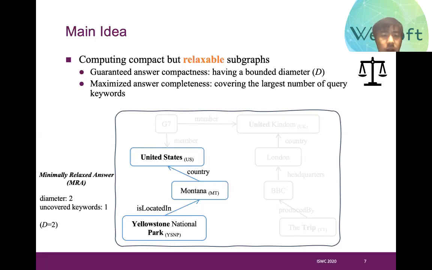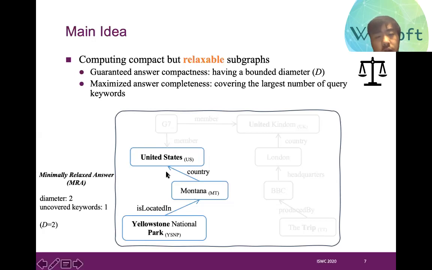This subgraph, the diameter is only 2, right? So suppose that the diameter bound is set to 2, so we can only find a subgraph having a diameter of at most 2. So this subgraph satisfies these requirements. However, in order to satisfy this compactness requirement, it is impossible to cover all the 5 query keywords.